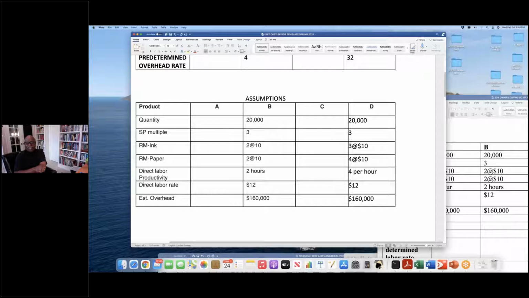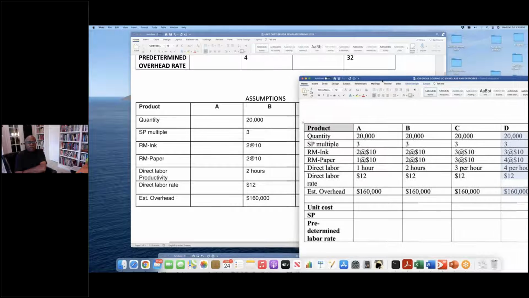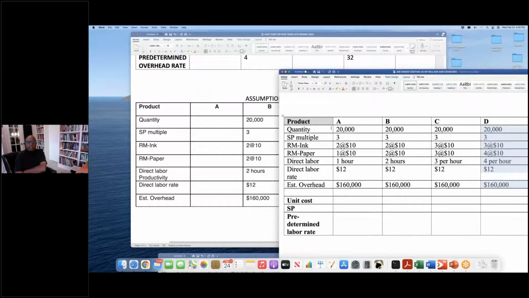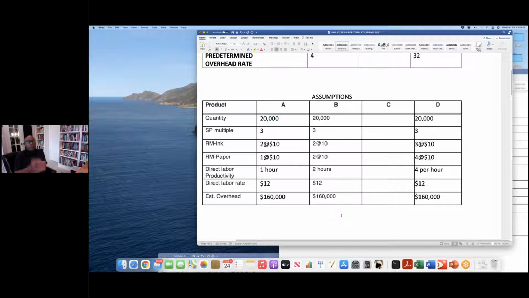I'll go. This is Jenkins. Which one do you have, Jenkins? 10-6A. So let's see if we can put your assumptions in for 10-6A. I'm just putting the assumptions in.